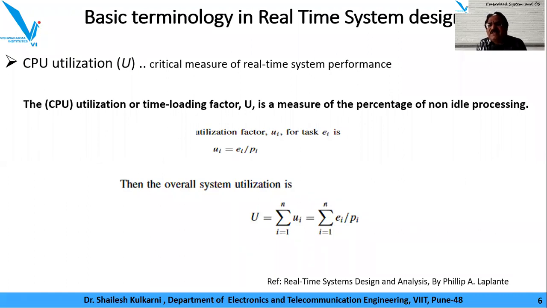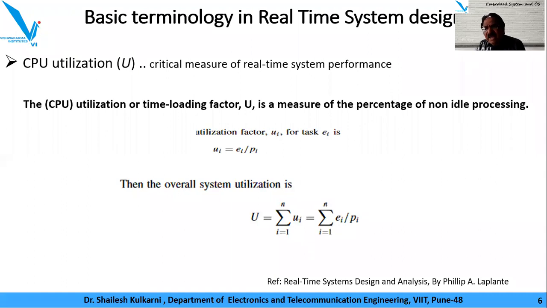So in case of a single processor system, what do I expect? I expect that the idle time for which the processor is idle has to be minimized to the maximum possible limit.